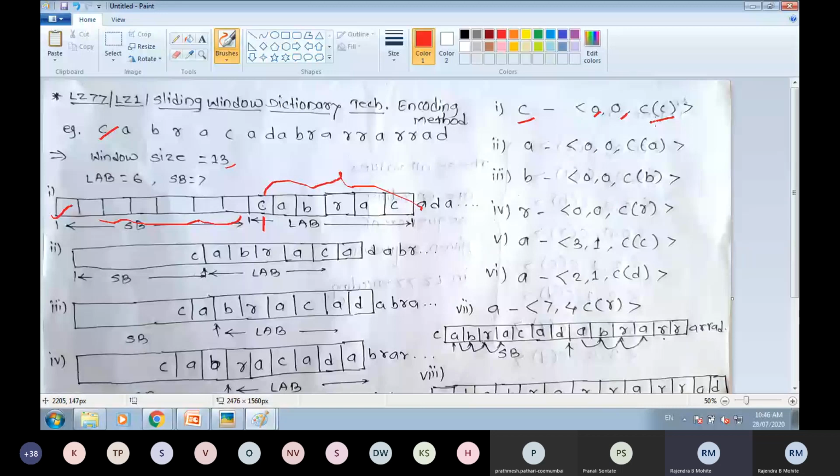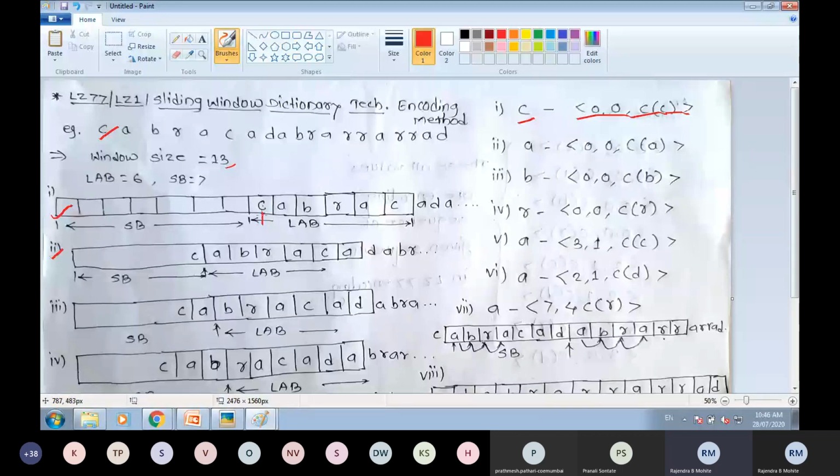So my first encoded value is 0 0 C of C.